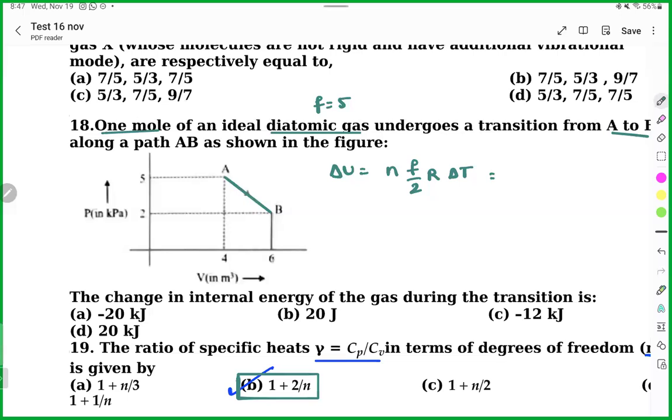F by 2 instead of nRT, you can say PV or work done. What is the degree of freedom? 5 by 2. What is the work done? 5 minus 2, 3 kilopascal. And here 6 minus 4, 2. So 3 to the 6. How did I get this answer?